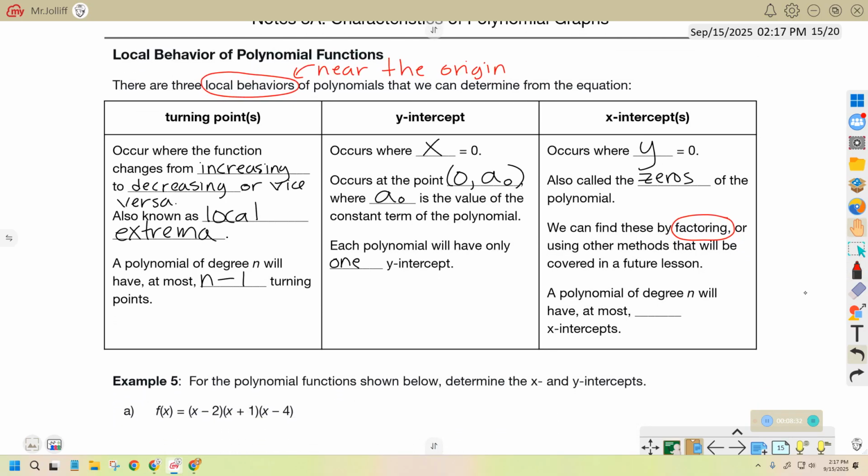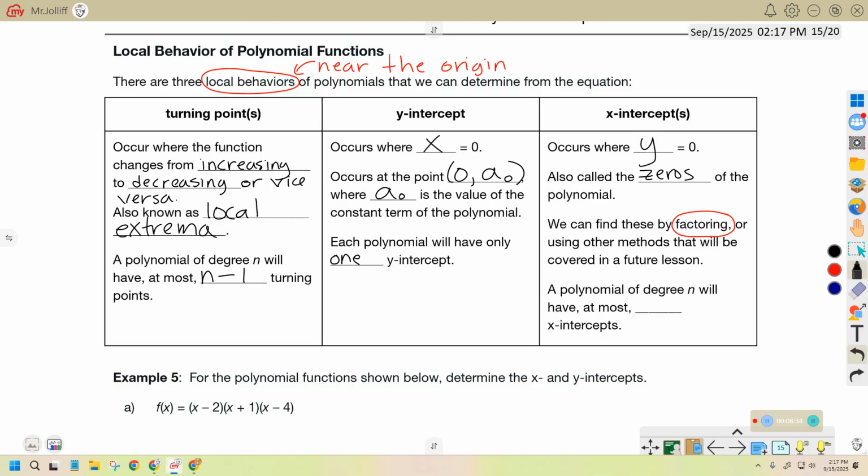If I am looking at a polynomial of degree n, I will have at most n x-intercepts. Meaning if my polynomial is degree 5, I will have at most 5 x-intercepts. If I have a polynomial of degree 100, I will have at most 100 x-intercepts. Notice it says at most.